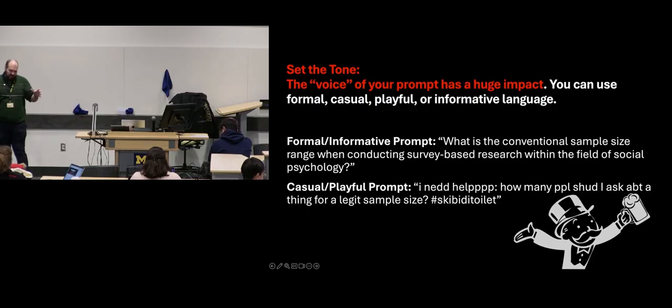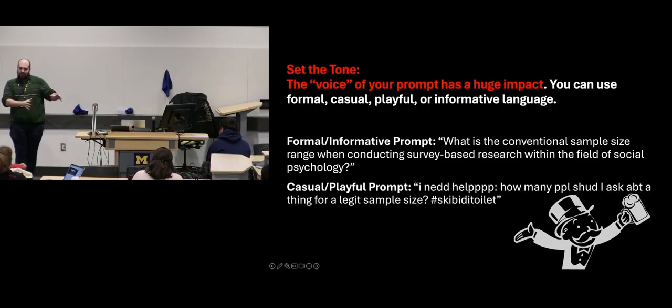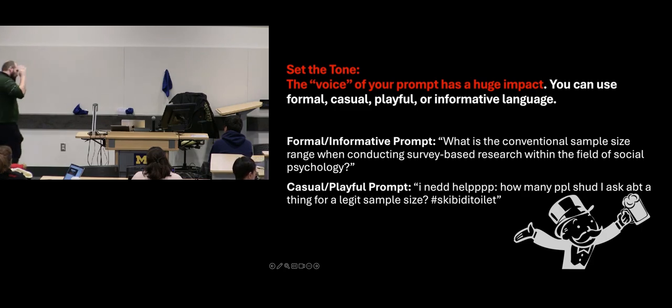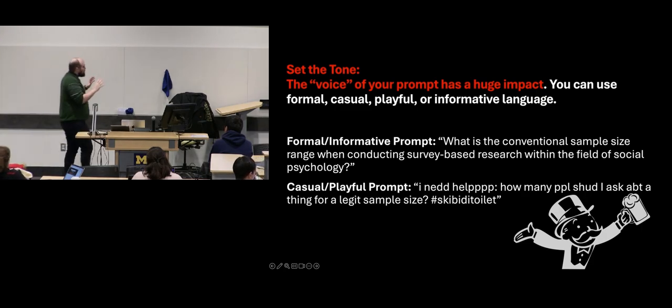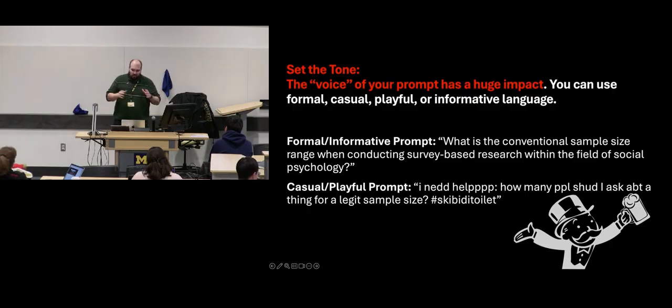The set of tokens that it has been trained on will move towards that professional set. If you ask a question playfully or casually, it might rely more on its social media knowledge. We don't know exactly the inner workings, but there is some work that suggests that yes, the way that you ask the question, proper capitalization, proper punctuation, does influence the quality of results.